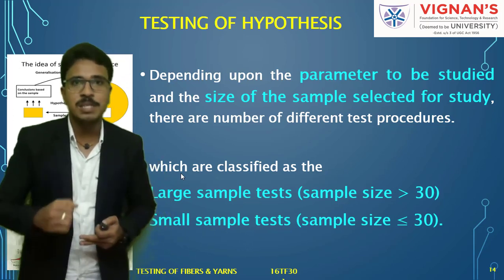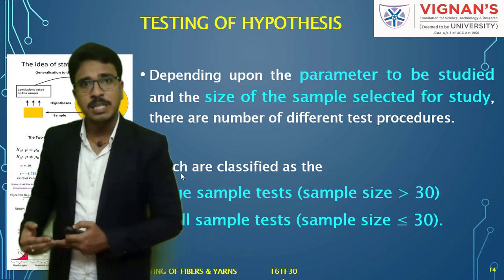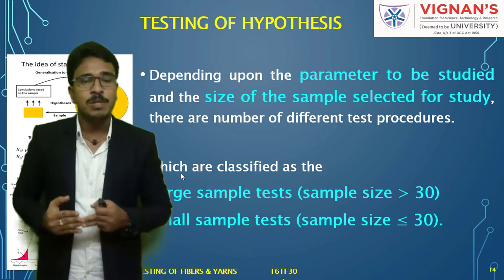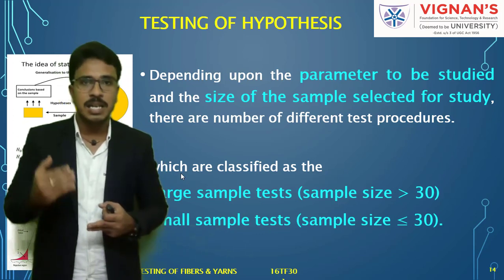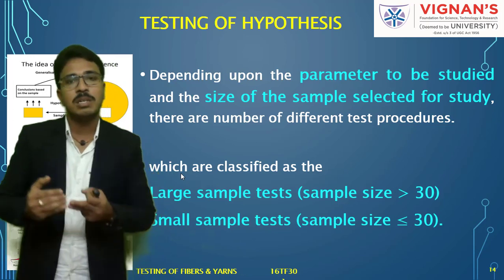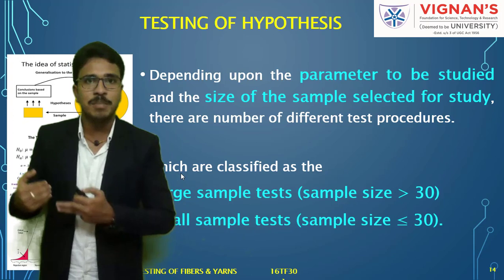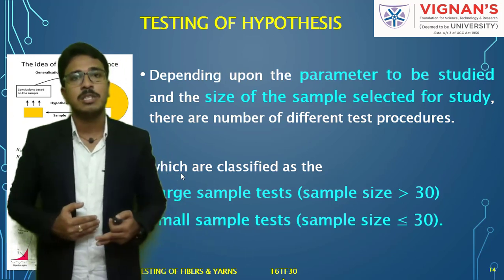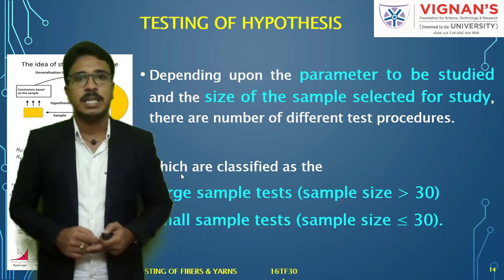If the sample size is greater than 30, we go for a large sample test, and in that we choose the Z test. If your sample size is less than or equal to 30 and you are finding the population mean, we choose a small sample test, that is, the t test.